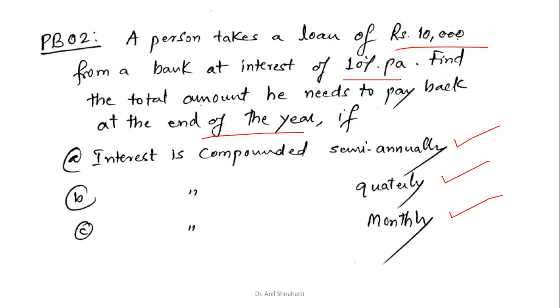So if the interest is charged semi-annually, what is the amount he is paying? If it is quarterly, how much is he paying? And if it is monthly, what is the amount he is paying?